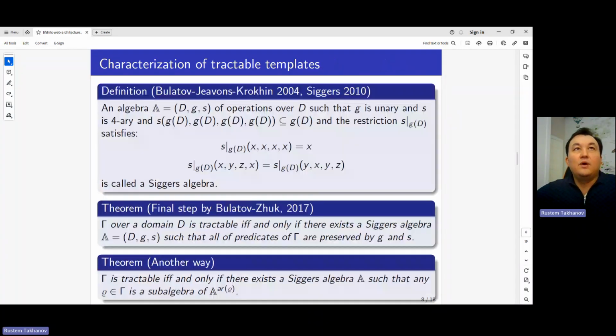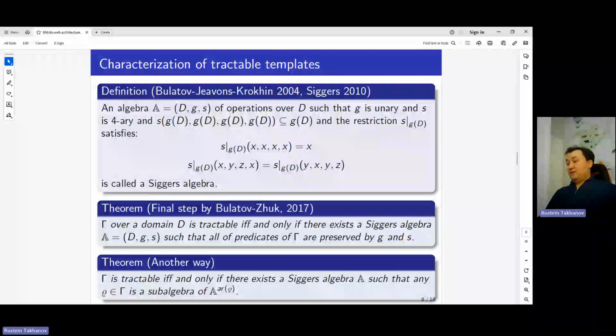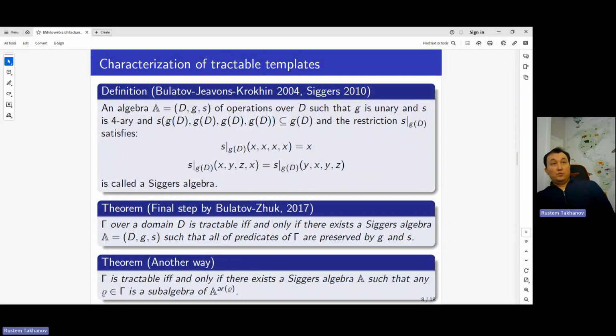So this is just an example, and it turns out that for any constraint language, or for any fixed template, we can define the set of its polymorphisms, which means polymorphisms of any relation in gamma. So it turns out that polymorphisms are exactly the symmetries that make a certain constraint language tractable.